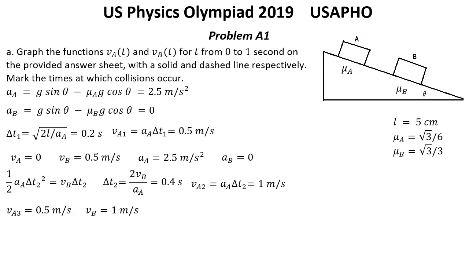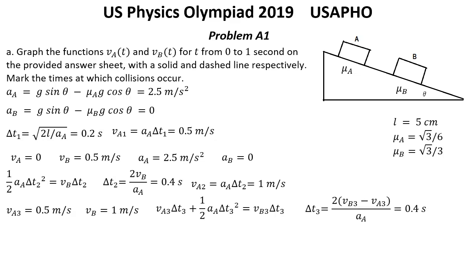Again, we have to equalize distances for the trip between second and third collisions. We have VA Δt3 plus 1/2 AA Δt3 squared must be equal to VB Δt3, and from here we can find that Δt3 equal 0.4 seconds.